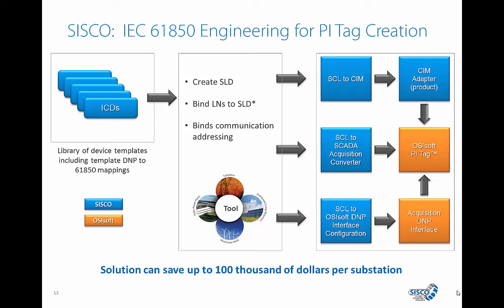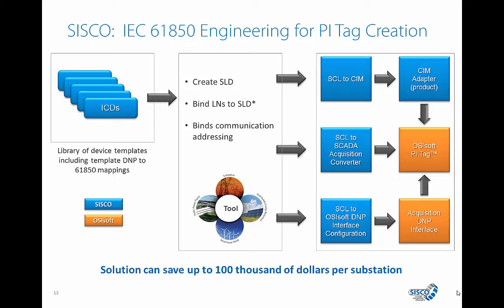We had a customer that wanted to go further. They spend hundreds of thousands of dollars maintaining libraries and spreadsheets and coordinating changes to those spreadsheets, creating PI tags. They approached SISCO and said, we want a standardized naming convention based upon 61850. We want to do away with all these spreadsheets.